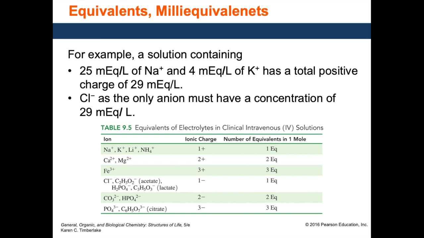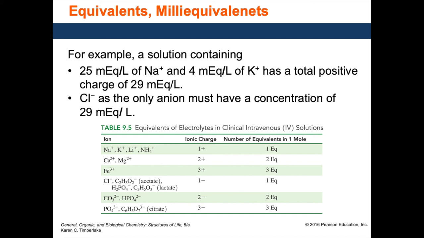All right. So the key thing is realizing that you can then use these numbers to add up positive and negative charges and have them counteract opposite charges. So for example, let's say you have a solution that's 29 milliequivalents per liter in chloride. You need to have the same number in positive ions, but it doesn't have to be the same ion.